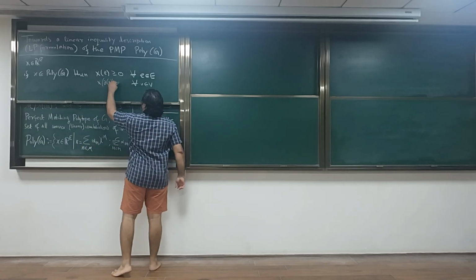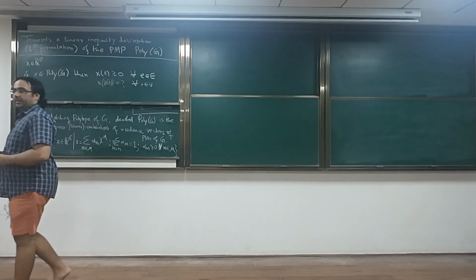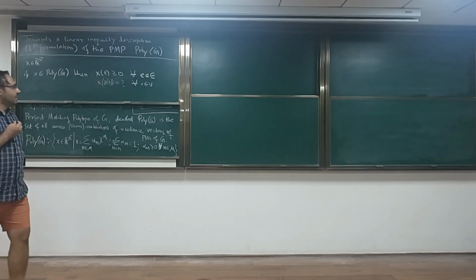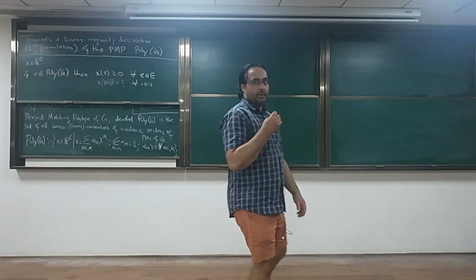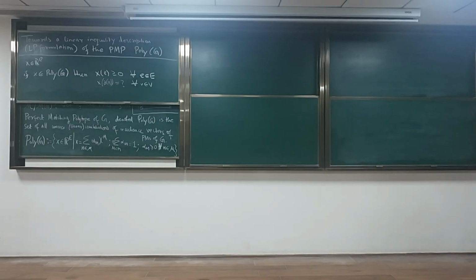Then what can we say about this sum? Think about it and I will come and talk to you. Some of you may already know that, which is fine. But if you haven't seen this before, try to see if you can figure this out. For any vector in the polytope, what can you say about x of partial of v, where v is any vertex of the graph?